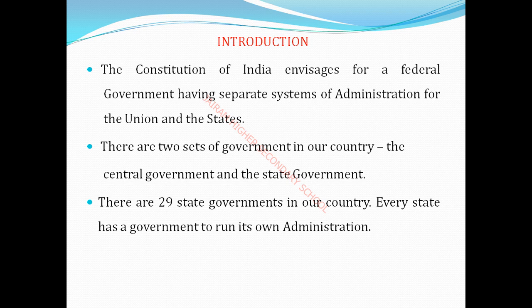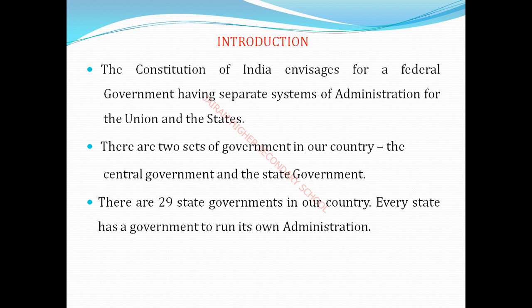Let me move to the introduction of our lesson. The Constitution of India envisages a federal government having a separate system of administration for the union and the state government. Constitution means the laws. The law of our India envisages a federal government.